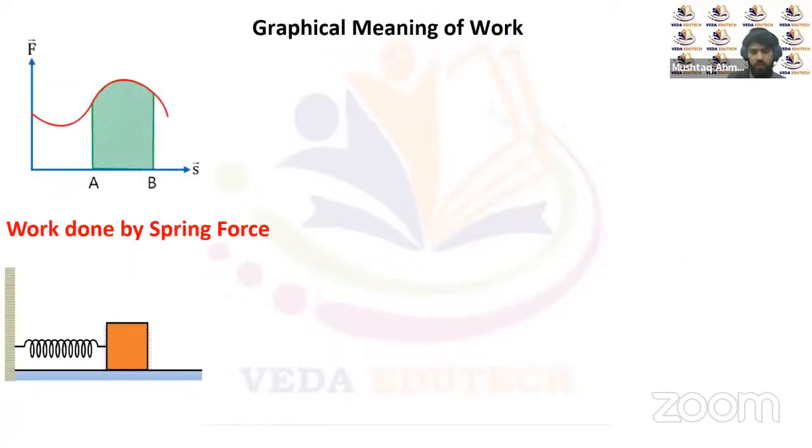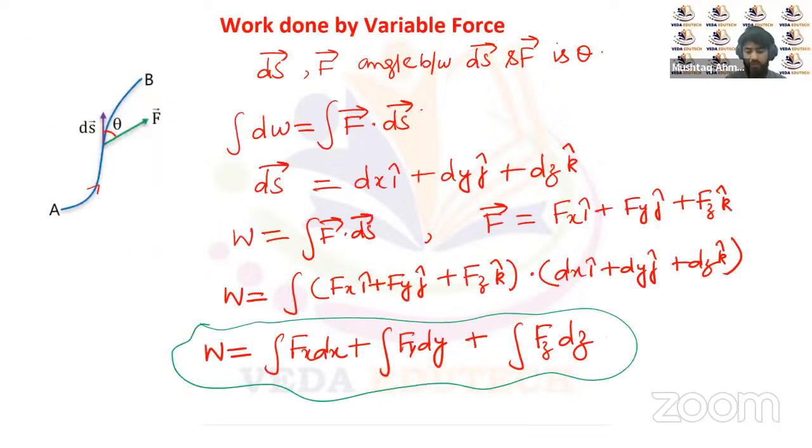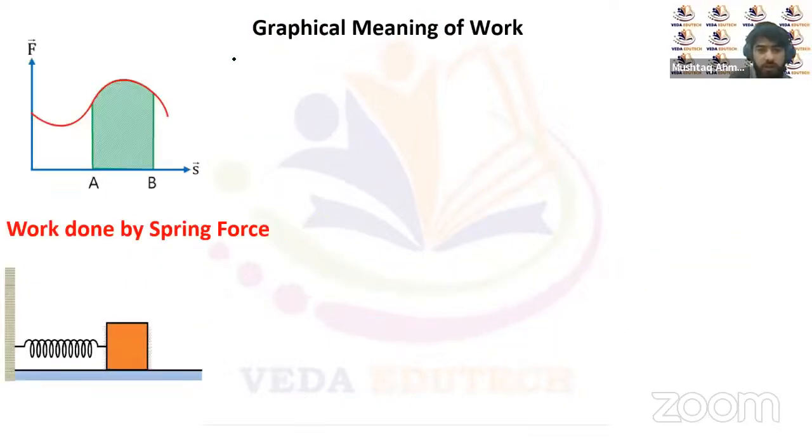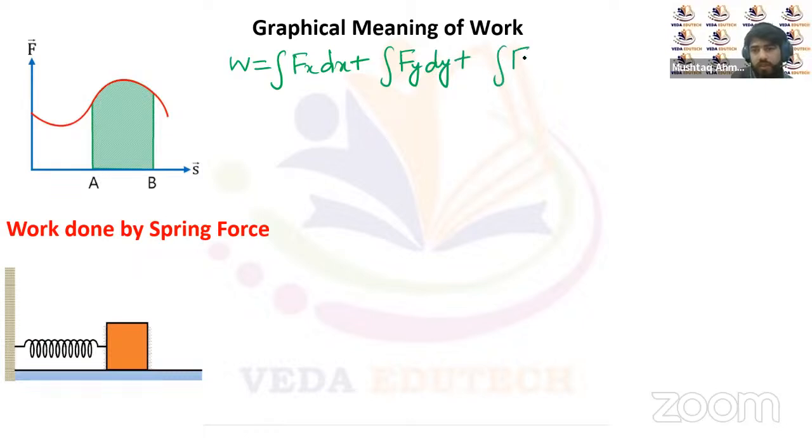Now let's try to solve a few questions. First of all, we'll discuss the different types of work done. We know the work done equation was Fx dx plus Fy dy plus Fz dz. Now say that the particle moves along x only.